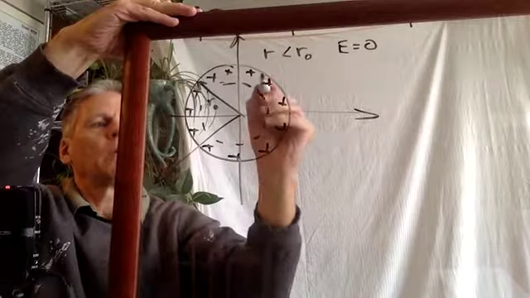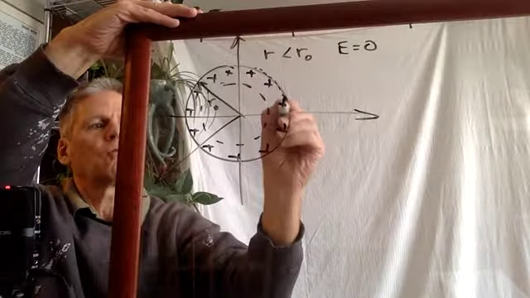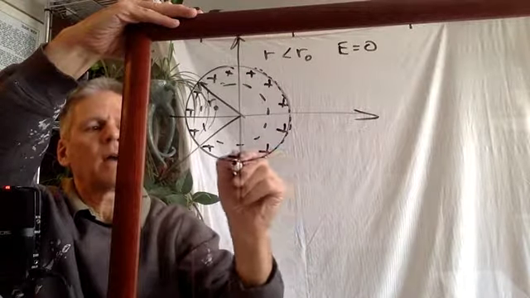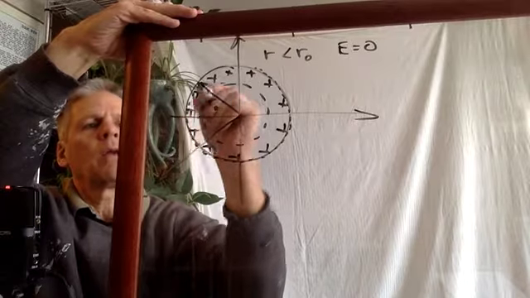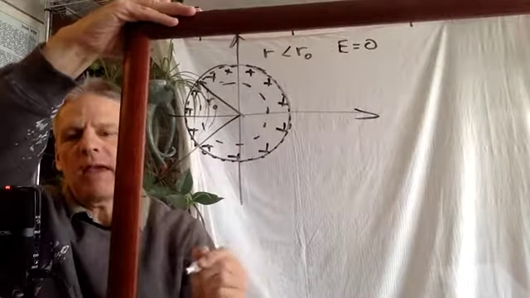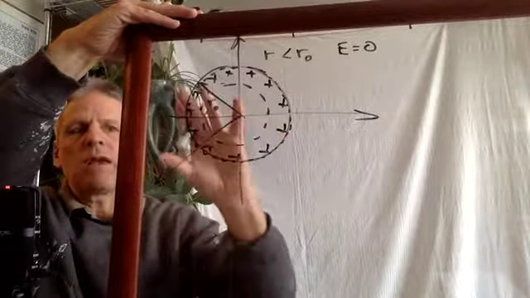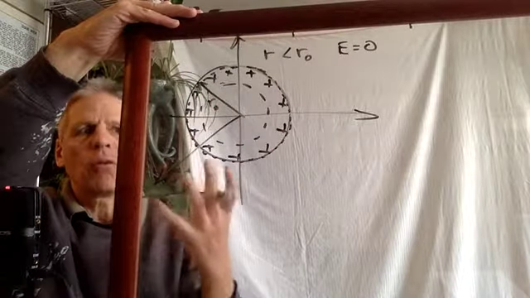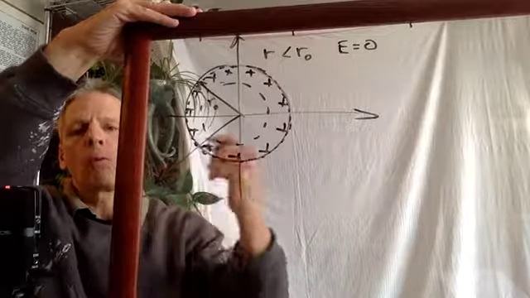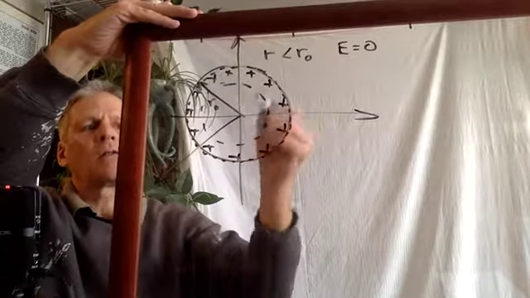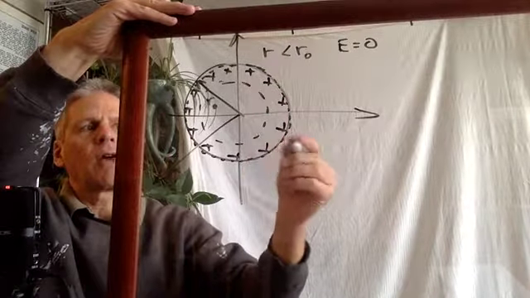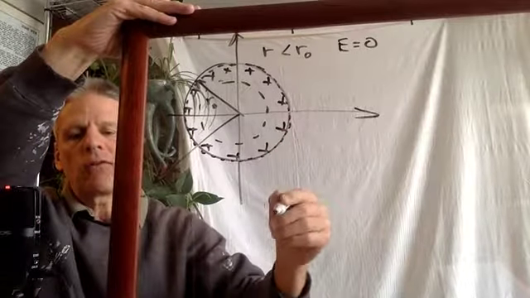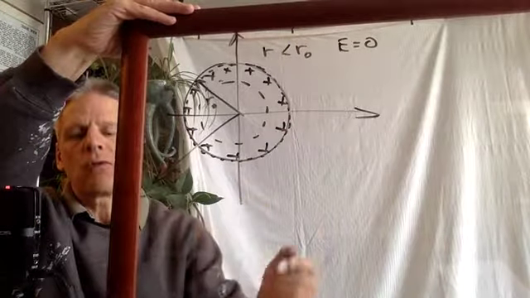Then, meanwhile, right here, just outside, we know that our E dot dA, and once again, by symmetry, E is not changing, so we can pull that right out of the integral. So all we have is 4 pi r0 squared, our area. So E times 4 pi r0 squared equals Q enclosed over epsilon 0.